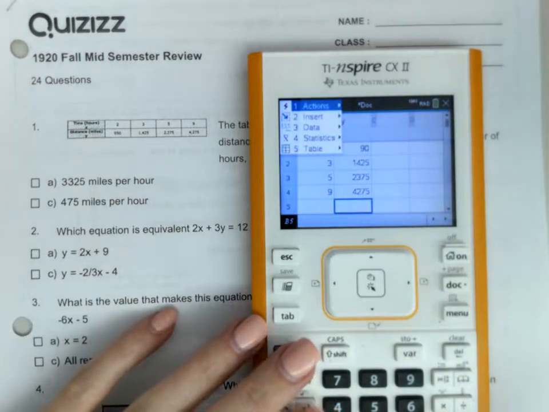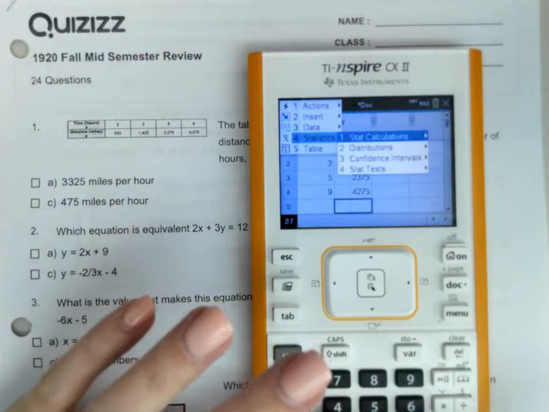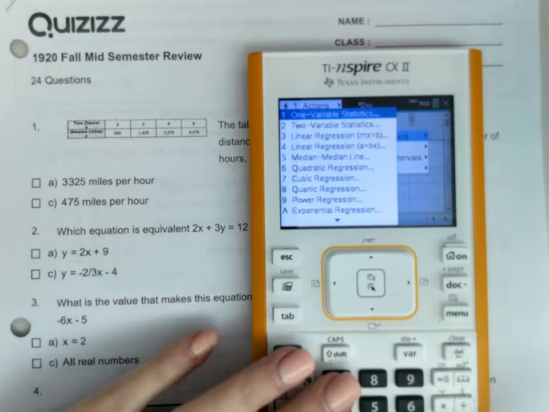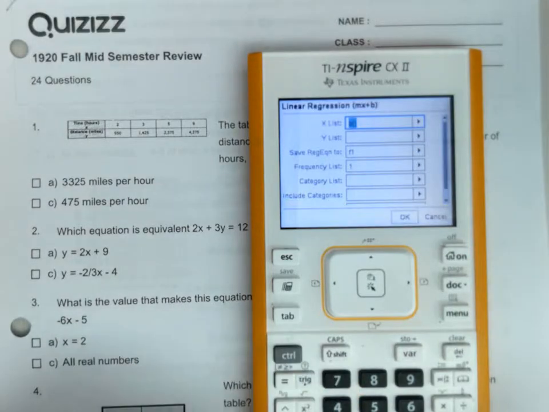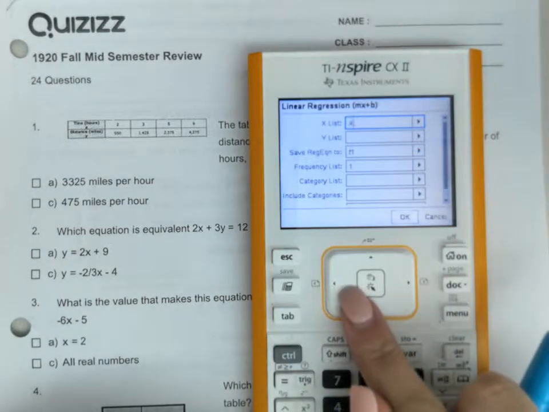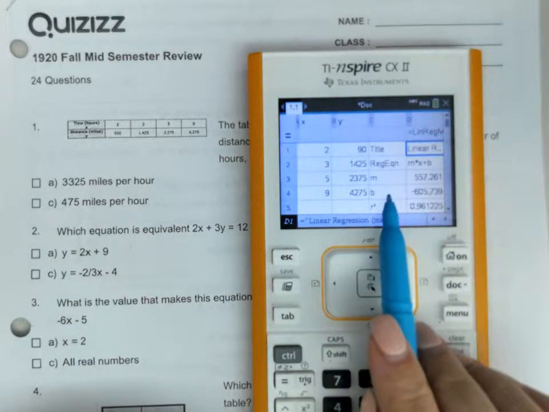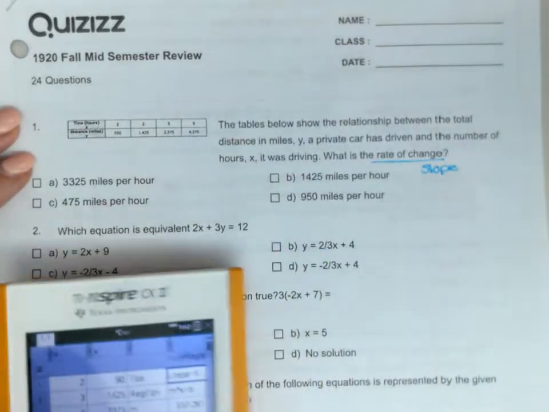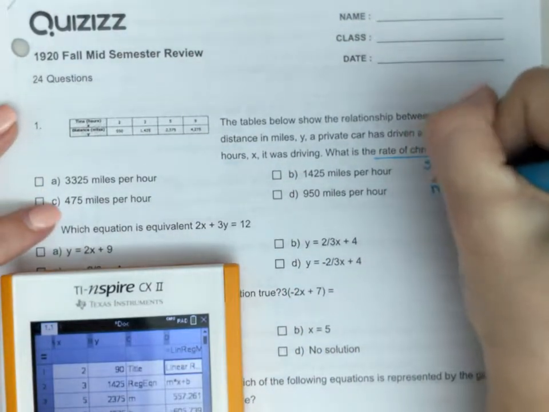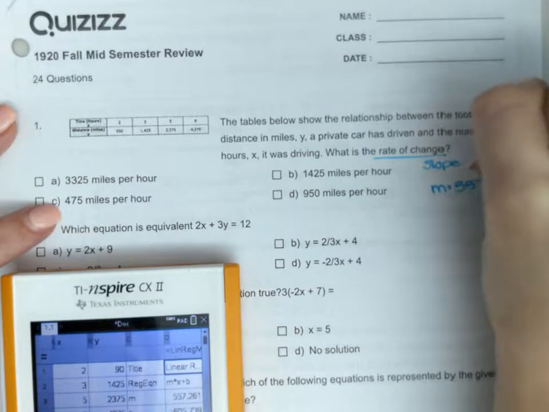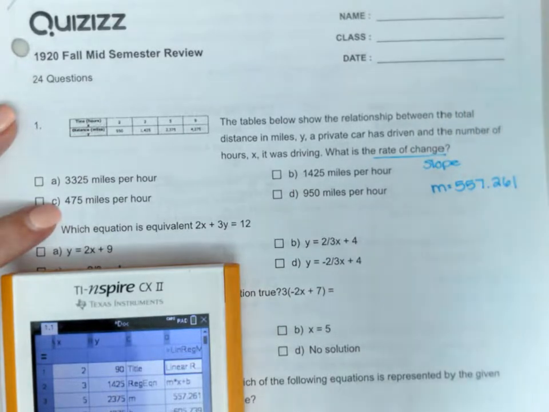You click Menu, 4 for Stat, 1 for Stat Calc, and 3 for Linear Regression. The x list is your x values, the y list is your y values, and you click Enter. So our m, or our slope, is 557.261.